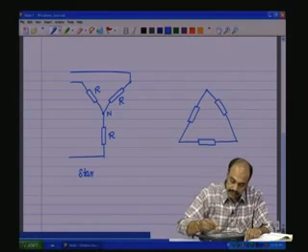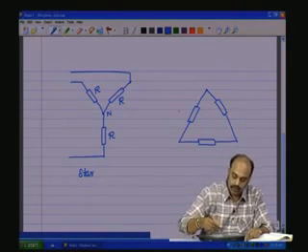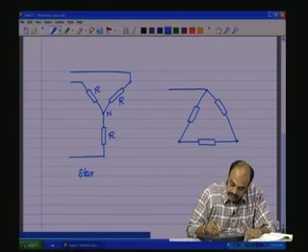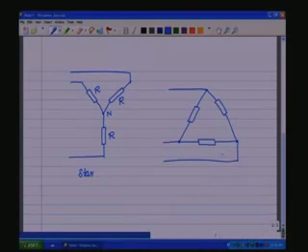One end is connected to the other end of the other load, and the other end of that load is connected to the next component, and so on, which forms a kind of a ring or a delta as shown. And these points are brought out and connected to the sources. So, this is the delta circuit. Now, these two circuits have different voltage and current relationships, which we shall discuss in this coming class.